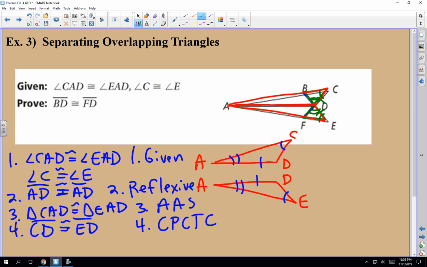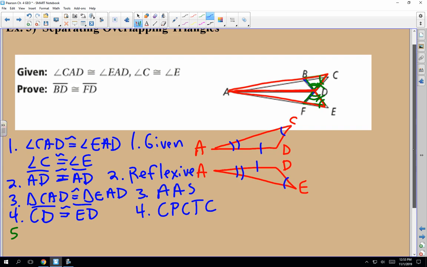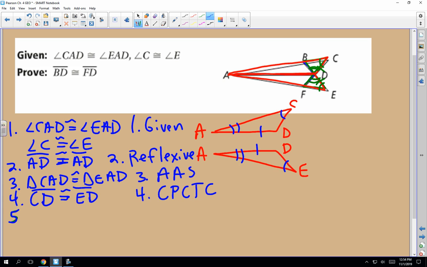So angle BDC is congruent to EDF. Number 5, angle BDC is congruent to angle FDE. That's by vertical angles.